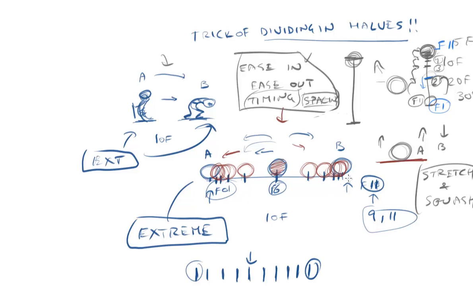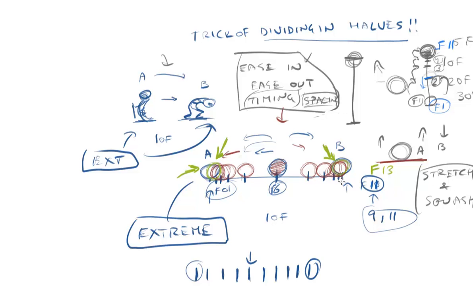If in this example we were taking 11 frames, and we increase it to 13 frames, that just means we'll add one extra frame over here, and one extra frame over here, without changing anything in the middle. The only thing we need to do is place one extra frame towards the extreme, not towards the middle, and then one extra frame towards here.